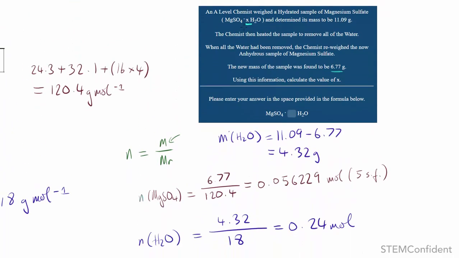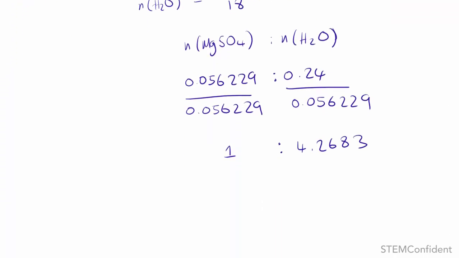The coefficient in this case does need to be an integer value. And so what we're effectively going to do here is simply round this value. In this case we need to round it down, because it's a 4.26, so round it down to 4.